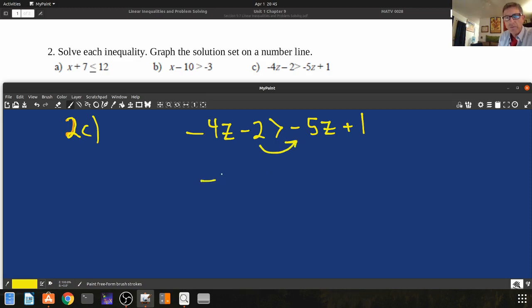So the minus 4z is going to stay there by itself. And I'm going to leave the minus 5z exactly where it is. Plus 1 is already there. And the minus 2 being moved to that side changes its sign and becomes plus 2. Then the second thing I'm going to do is just simplify the right-hand side.